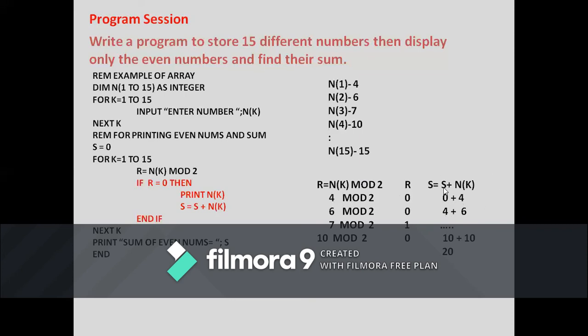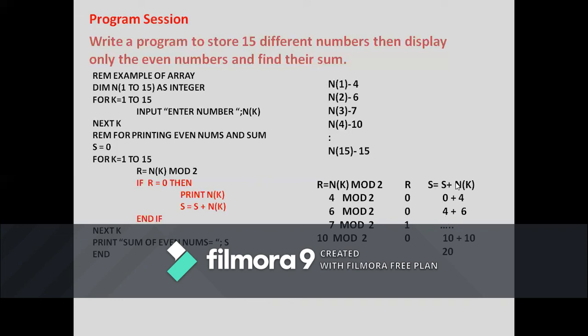Like the first value of s is 0, 0 plus 4 is 4. The second time the loop repeats, the second value of nk is 6. 6 will be divided by 2. Again the remainder is 0 because 6 is an even number. If you divide an even number by 2, you get remainder 0. So it will display 6 on the screen and find the sum.